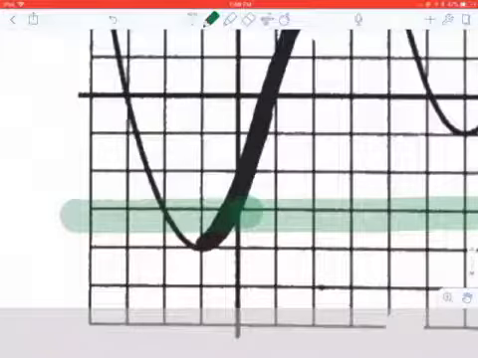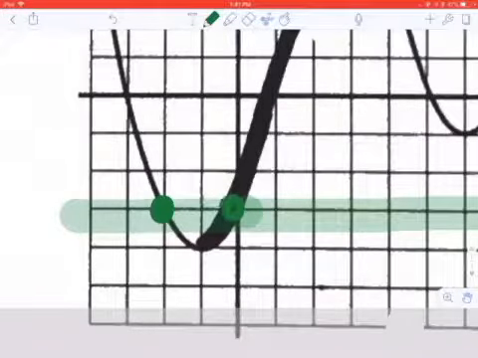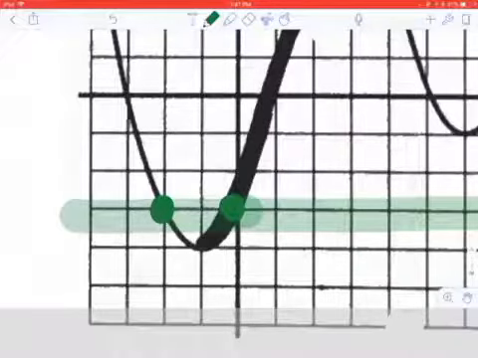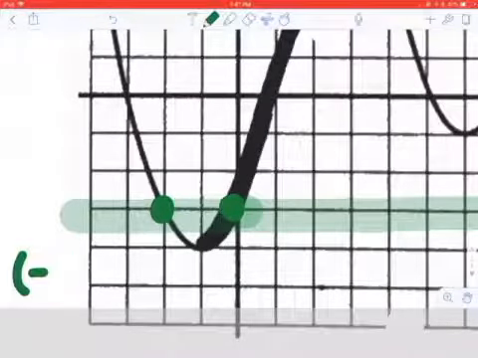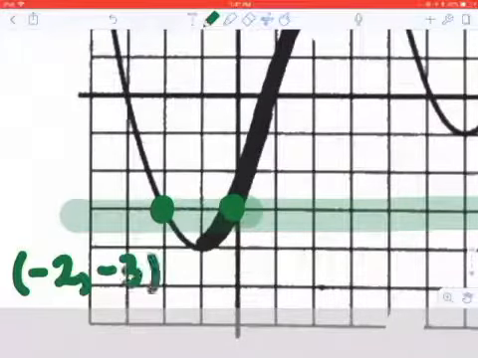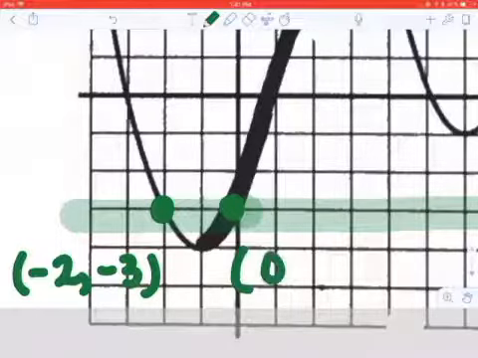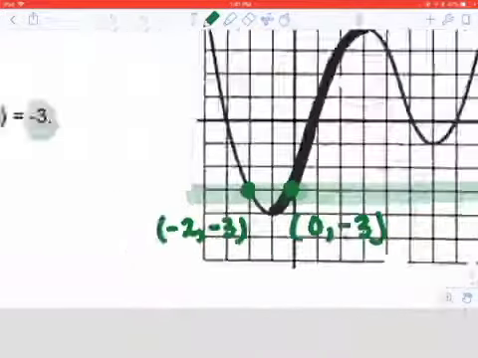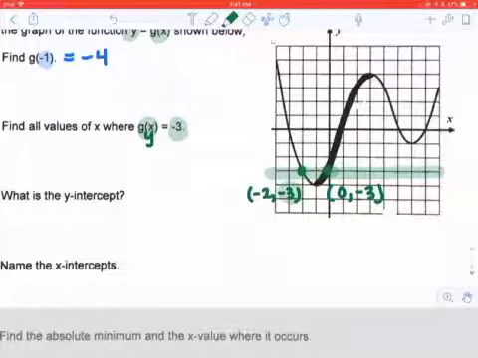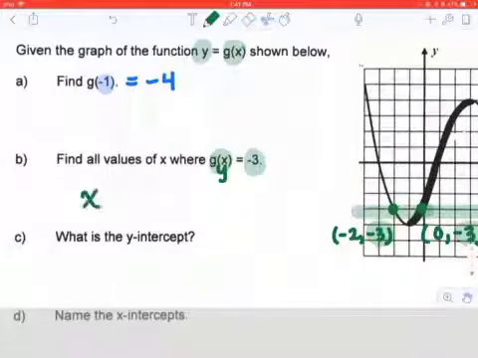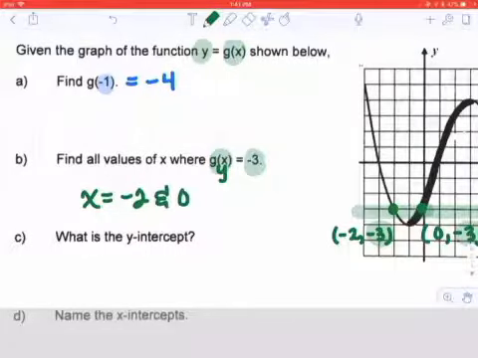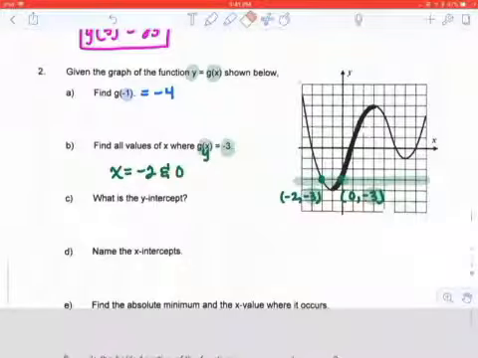And our graph intersects -3 in 2 places, there and there, at the point -2, -3, and at the point 0, -3. So our function equals -3 when x equals -2 and 0.